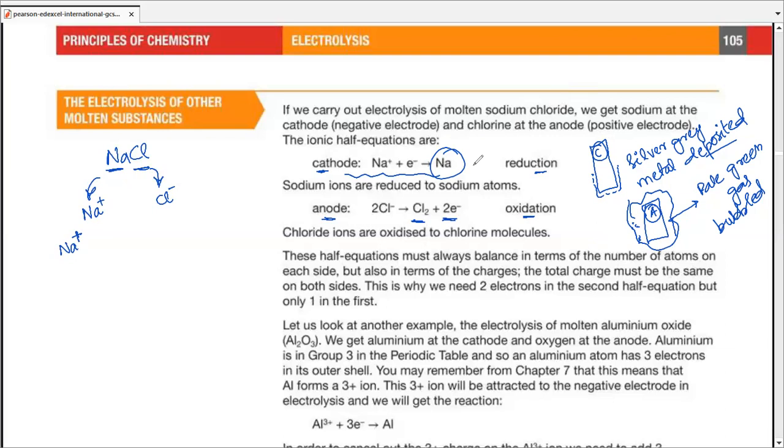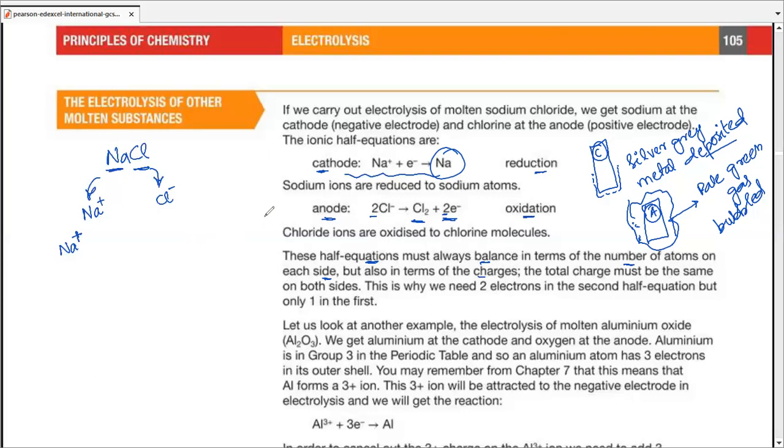Now, in the case of equations, remember we wrote these twos in order to balance the equations. These half equations are ionic equations. They consist of ions, and they consist of compounds as well. So you must always balance in terms of the number of atoms on both sides, but also in terms of charges.